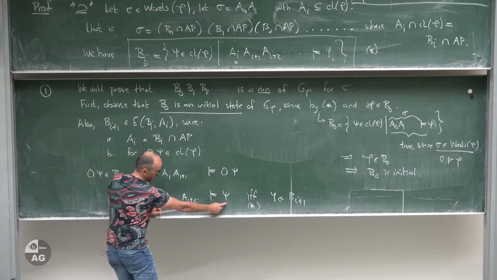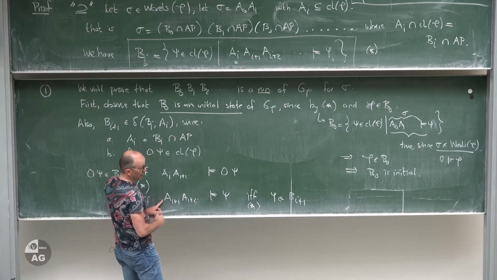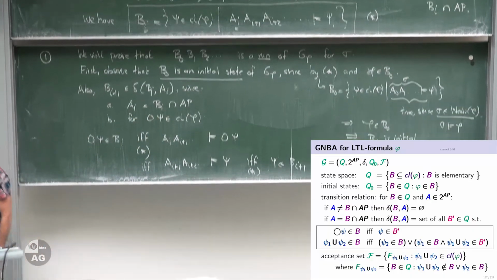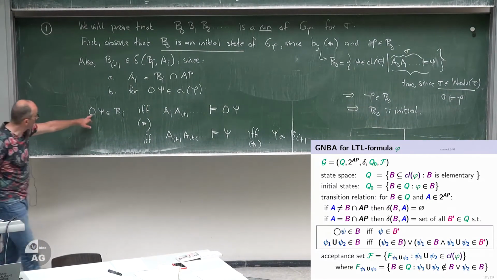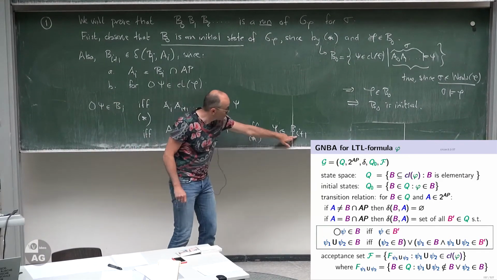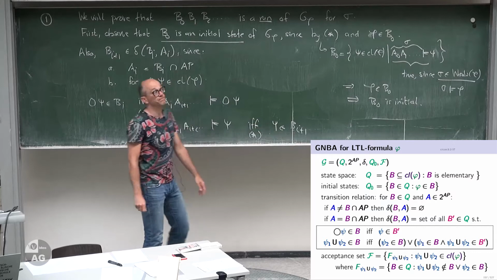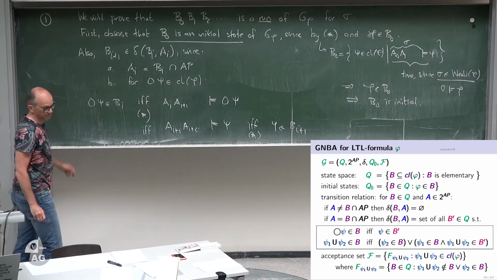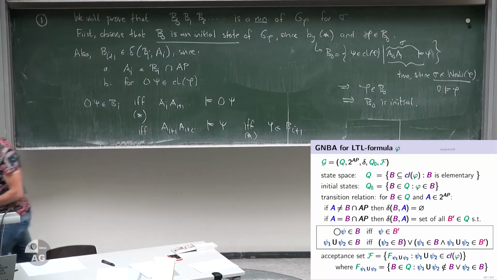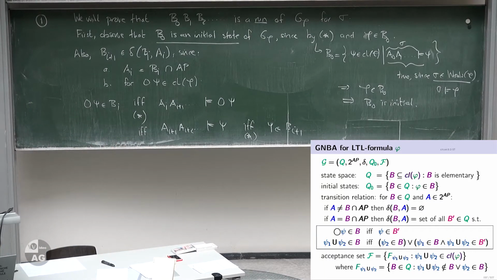If this satisfies psi, by definition of star, psi belongs to Bi+1. And here you have exactly the first rule. Next psi belongs to the current state if and only if psi belongs to the next state. Sorry for the cameraman, I'm moving a bit today.